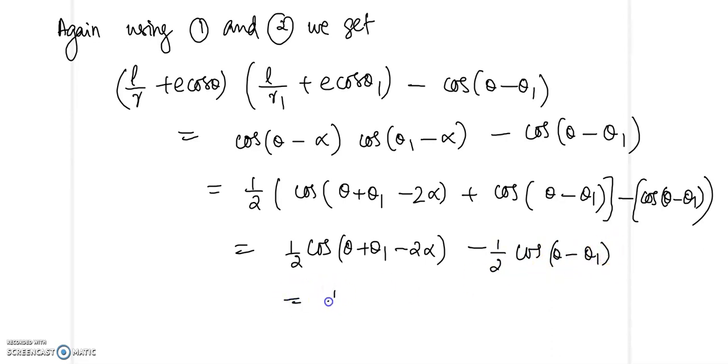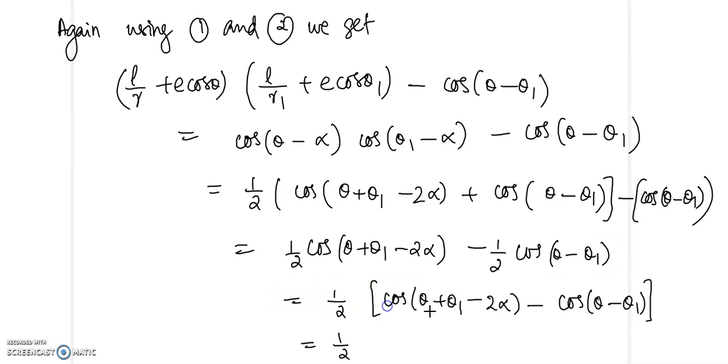So that will be 1/2 [cos(θ+θ1−2α) − cos(θ−θ1)]. Now this is in the form 1/2 [cos(A+B) − cos(A−B)].